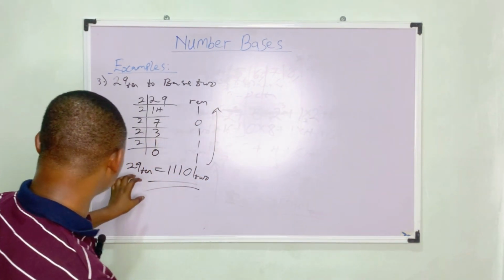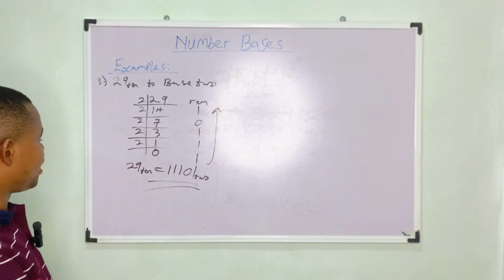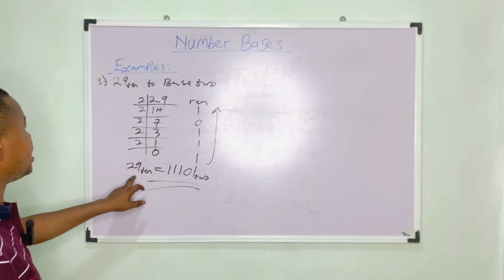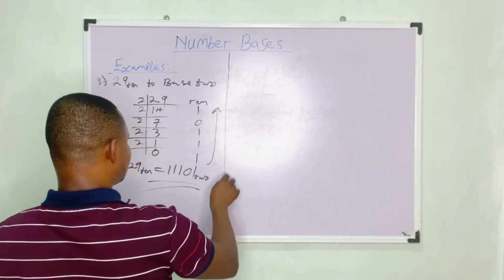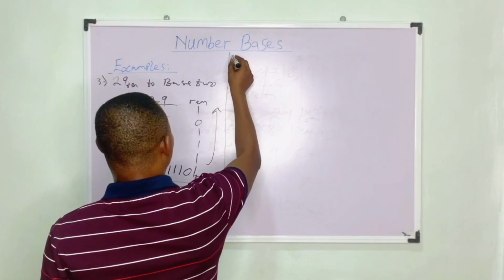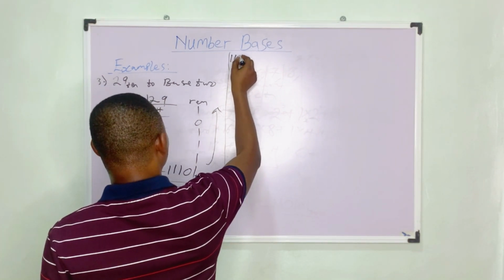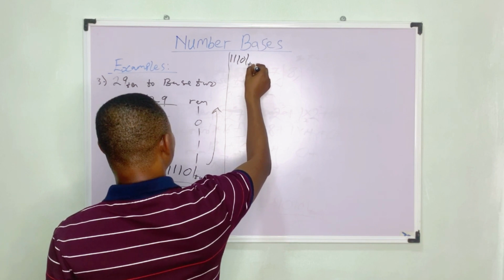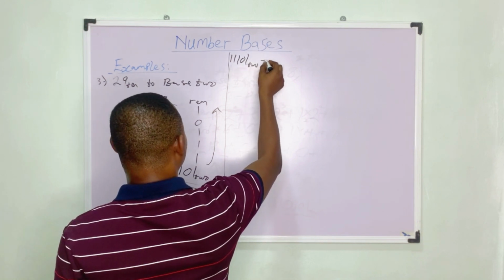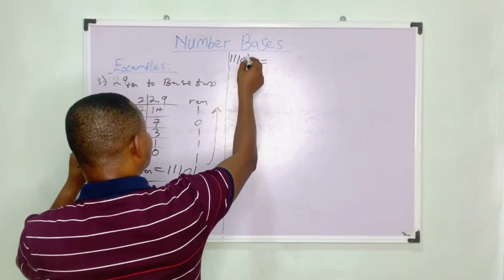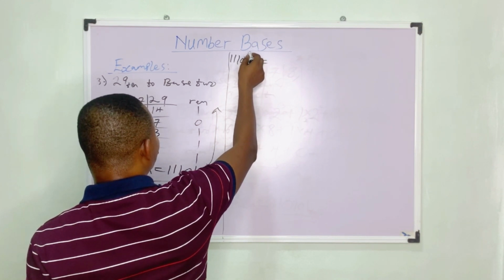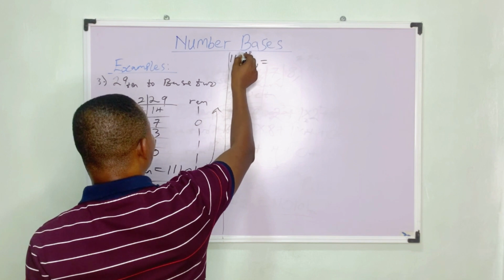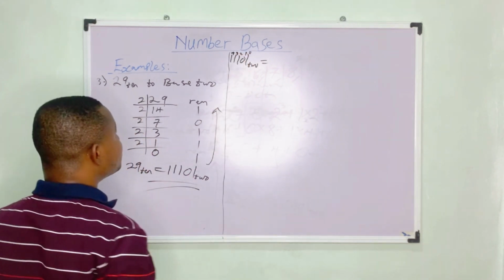Now, for clarity, I'm going to convert this number in base 2 back to base 10 and let's see how it goes. 11101 in base 2. Don't forget, if we assign power from the back starting from 0, we have 0, 1, 2, 3, 4.